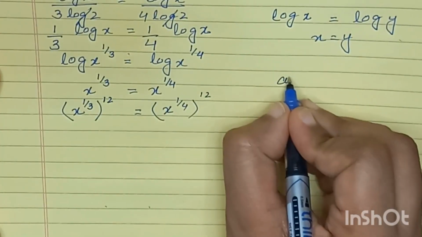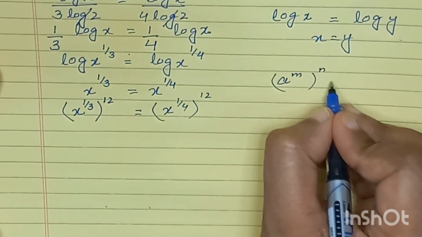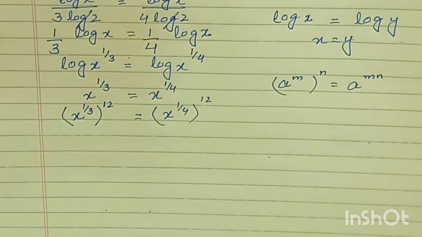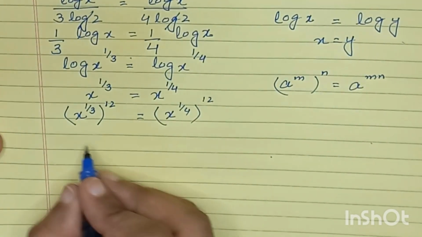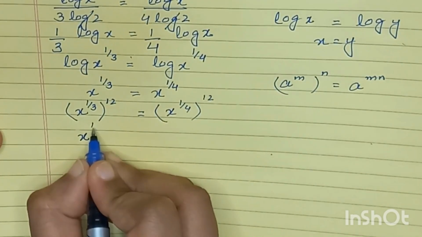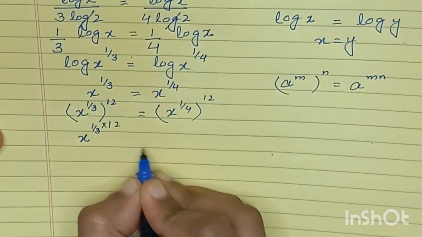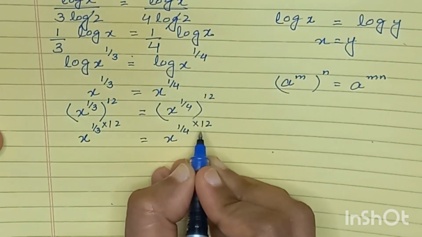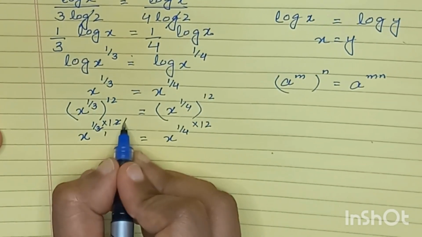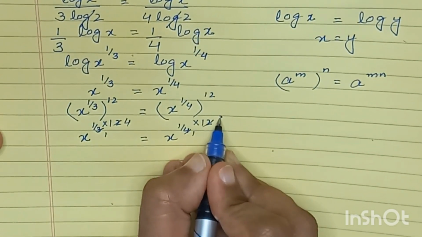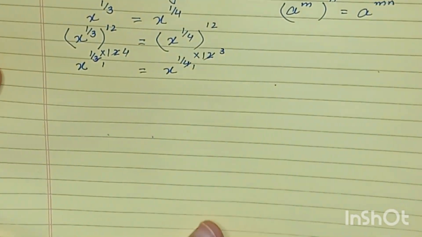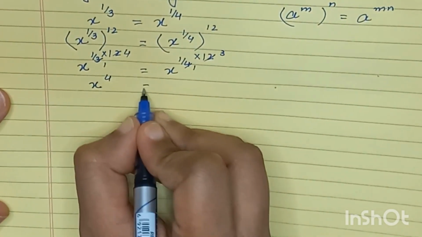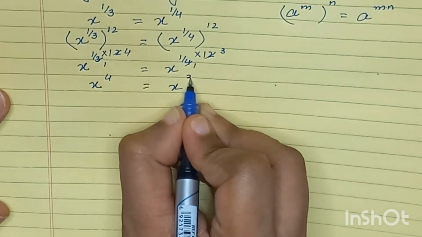As we know that a raised to the power m whole power n is equal to a raised to the power mn, it will become x raised to the power 1 divided by 3 multiplied by 12, and x raised to the power 1 divided by 4 multiplied by 12. So 3 fours are 12, and 4 threes are 12. So it will become x raised to the power 4 is equal to x raised to the power 3.